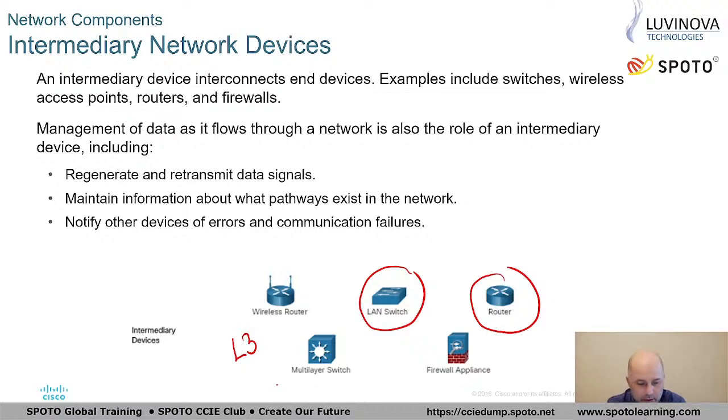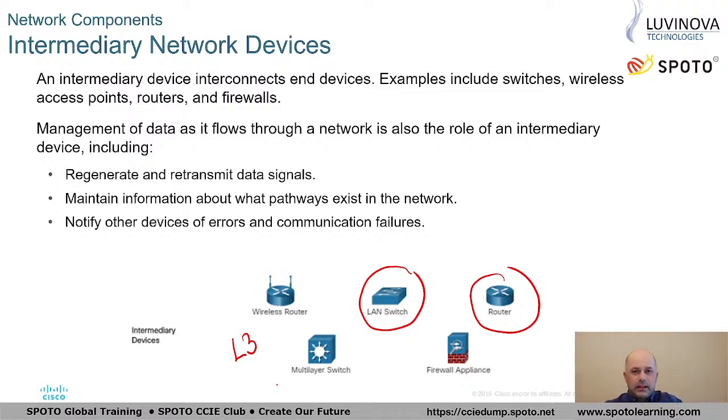So, intermediary devices: routers, switches, and the others. In the picture, we see what they do. They manage data, redistribute data, regenerate and retransmit the data signal, and maintain information about what paths exist in the network.